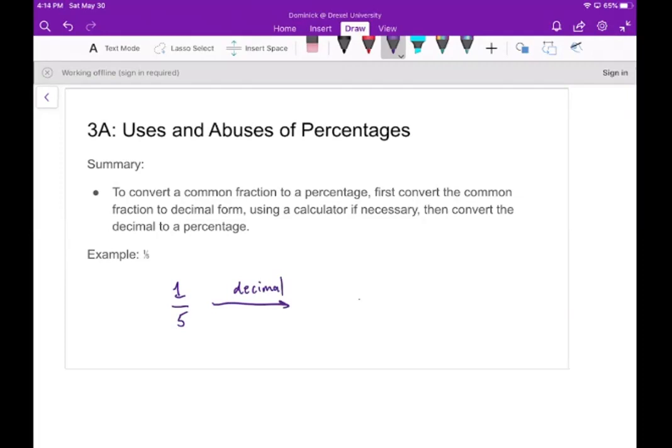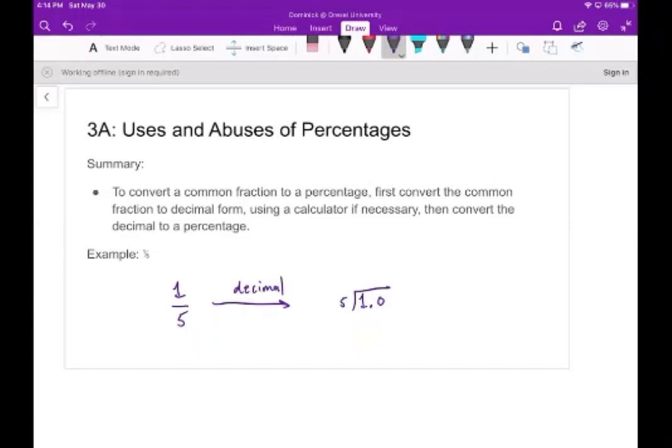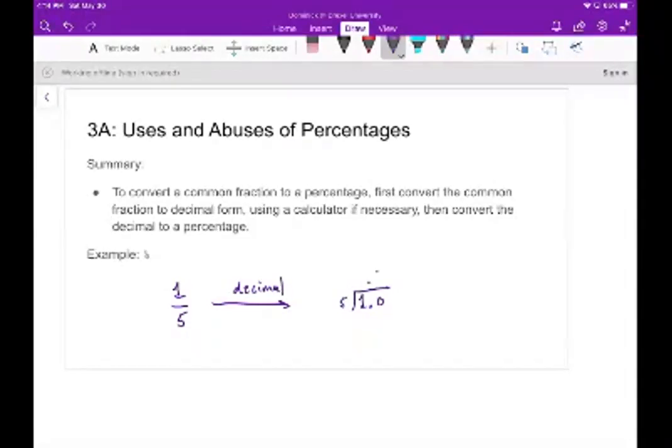When you take 1 over 5, you want to do 1 divided by 5, and we'll add some decimals. So 5 goes into 1 0 times, so we add the decimal, and we consider how many times 5 goes into 10. Well, it goes in 2 times. So 2 times 5 is 10, and we get 0, so we know we're done. So we know that this is 0.2. And then from there, we can move the decimal place over 2 spots, and that would give us 20%.